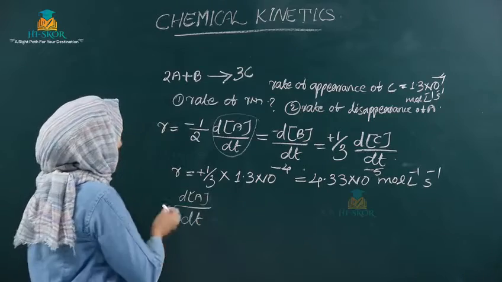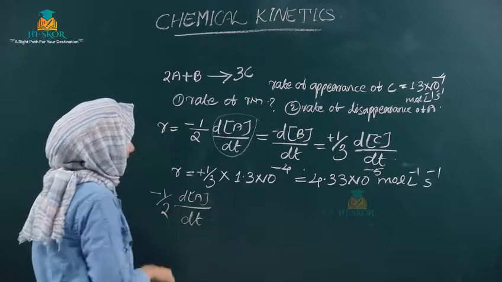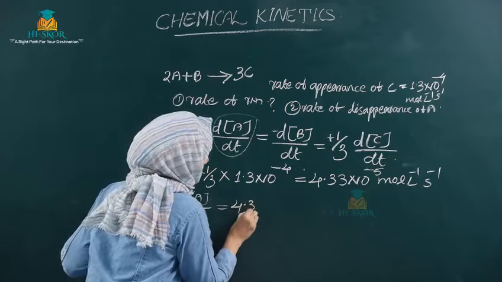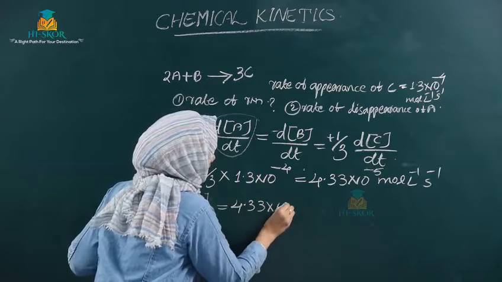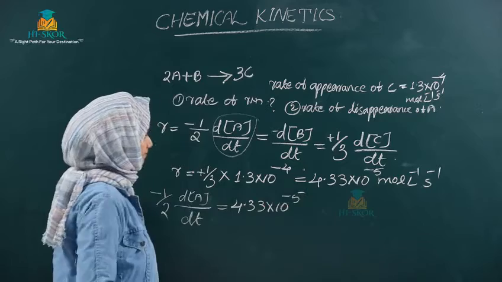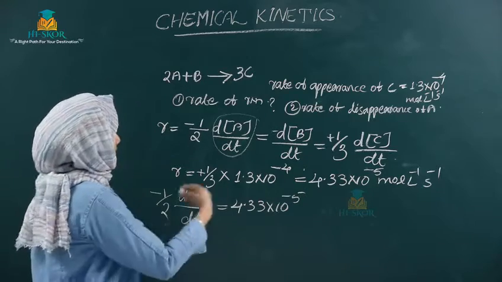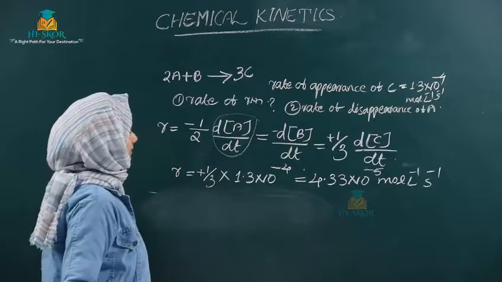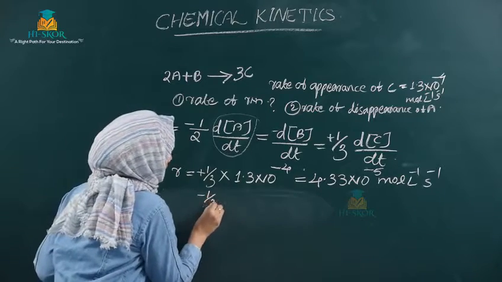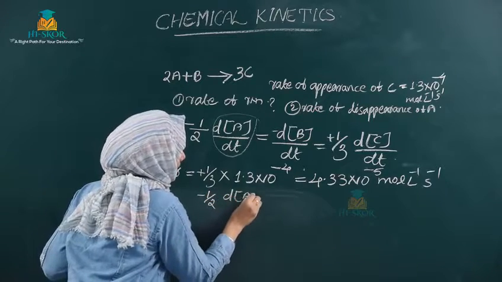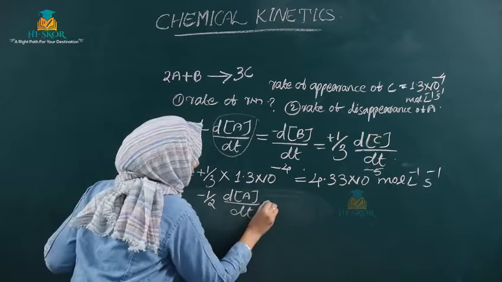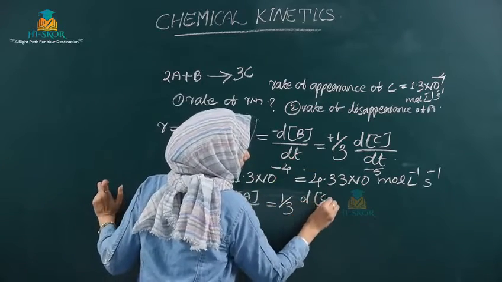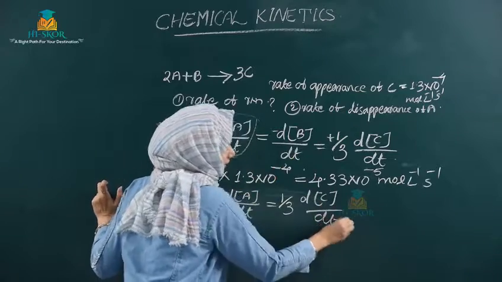You know, minus 1 by 2 dA by dt is equal to what? 4.33 into 10 raised to minus 5. Okay. Or you can write like this, that also you know, minus 1 by 2 dA by dt is equal to what? 1 by 3 dC by dt.